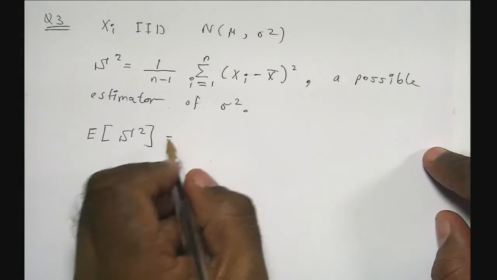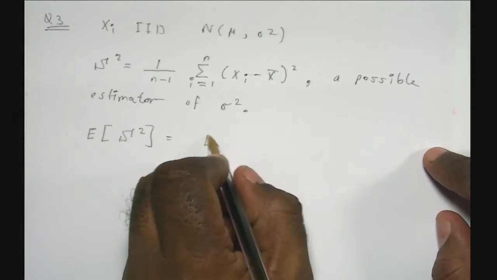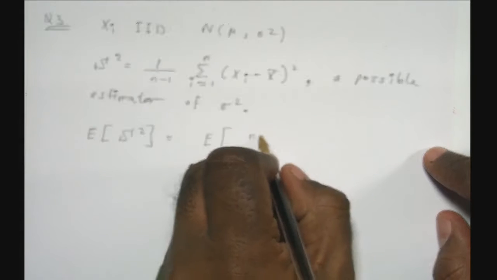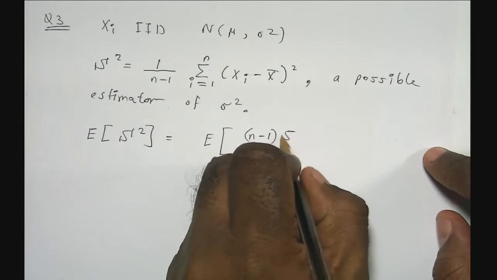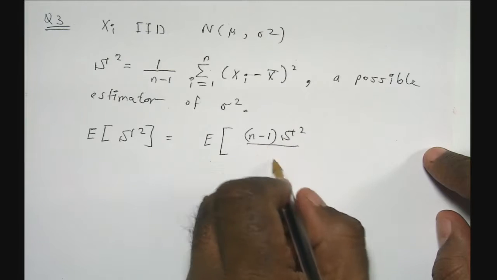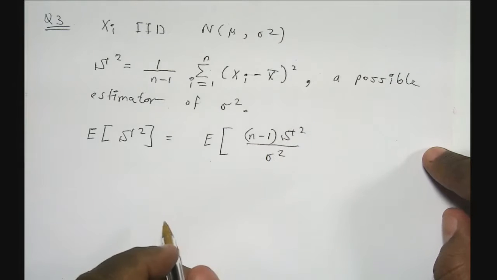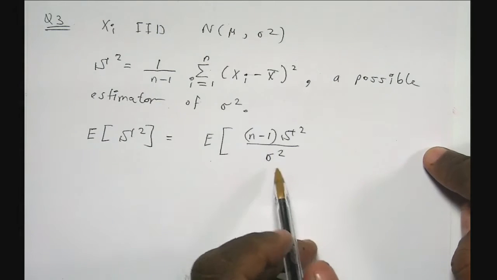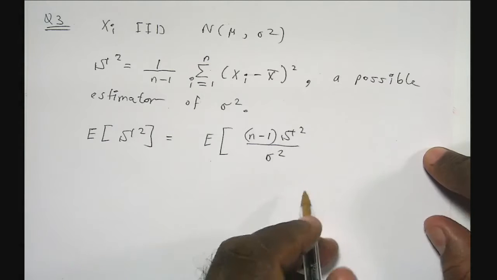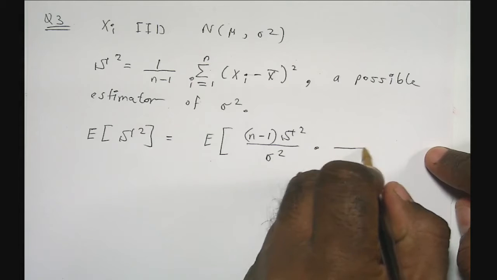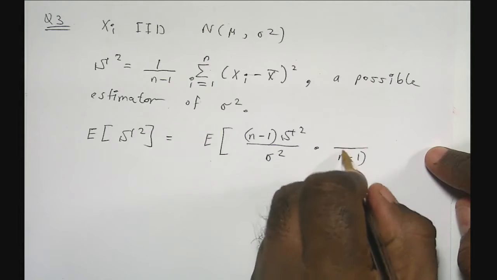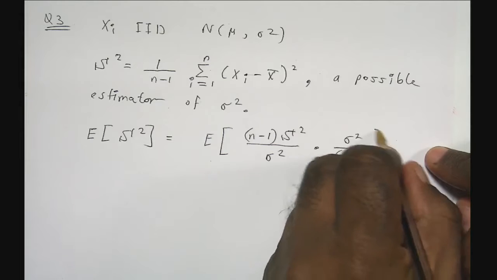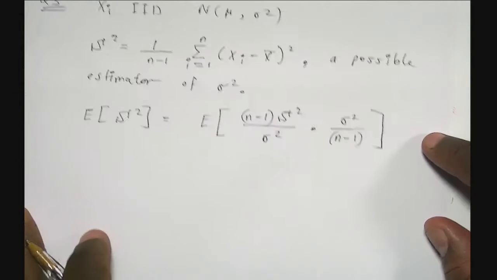Now I'm going to use the hint, guys. The hint says that this quantity has a chi-square distribution with n minus 1 degrees of freedom. So I have introduced this factor n minus 1 and this factor sigma squared, so I need to reciprocate. I need to divide by the same factor and multiply by the same factor. Do you see what I've done?